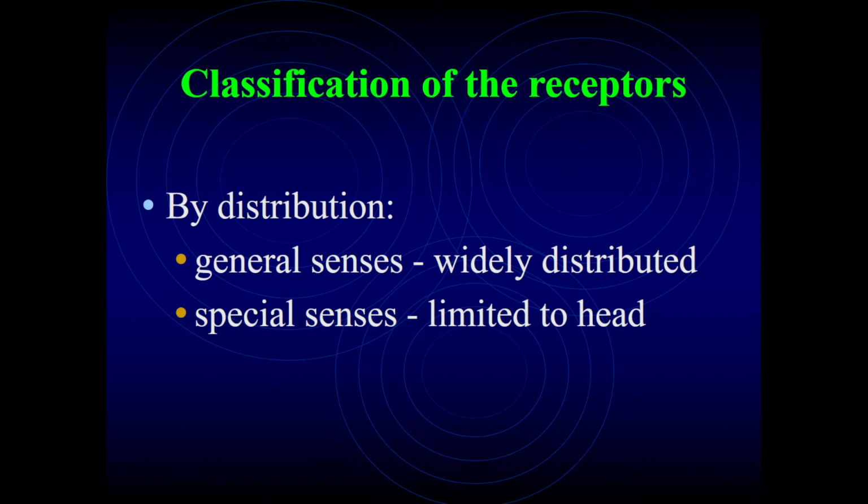Next classification, by distribution. General senses receptors, widely distributed, and special senses, limited to head, like vision, hearing, and other.